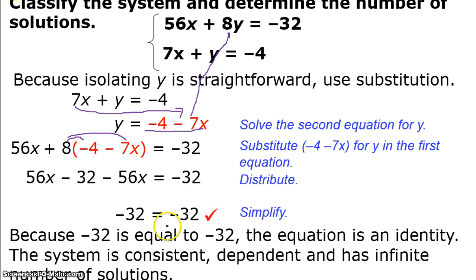This time we end up with a true equation. Negative 32 does equal negative 32. So this is what we call an identity. Therefore, the system is consistent, it is dependent, and it has an infinite number of solutions.